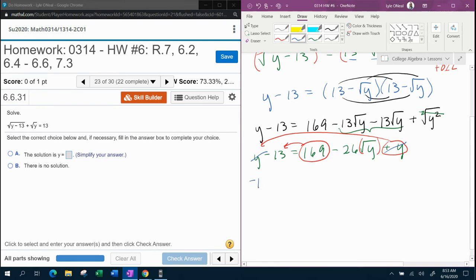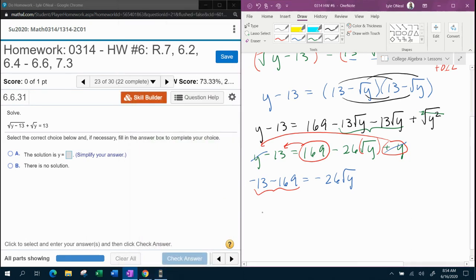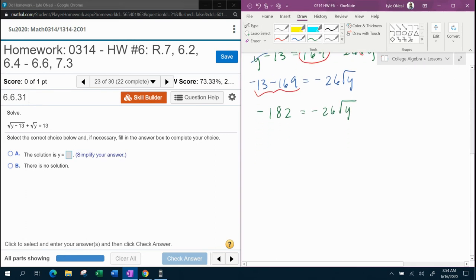And I'm going to have negative 13 minus 169 equals negative 26 square root of y. Okay, so let's combine like terms. Negative 13 minus 169. Going to check that with the calculator. Negative 13 minus 169, negative 182 equals negative 26 square root of y.